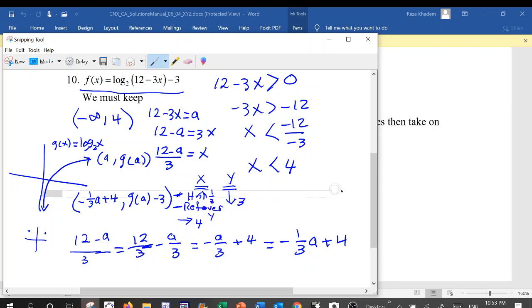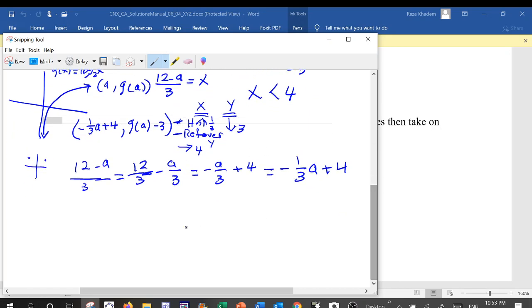So again, let me rewrite here what happened. In the x, we're going to do a horizontal shrink by a factor of 1/3. Then we're going to do what? We're going to do a reflection over y.